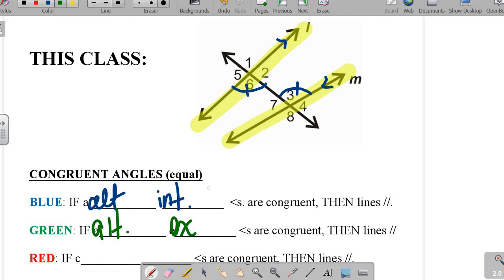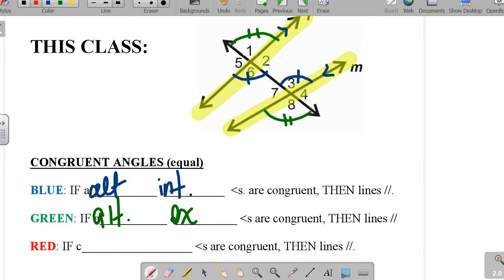If a pair of alternate exterior angles are congruent, such as 1 and 8, then the lines would be forced to be parallel. If corresponding angles are congruent, such as 7 and 5, then the lines would have to be parallel.